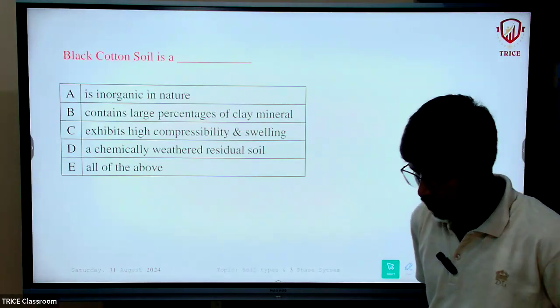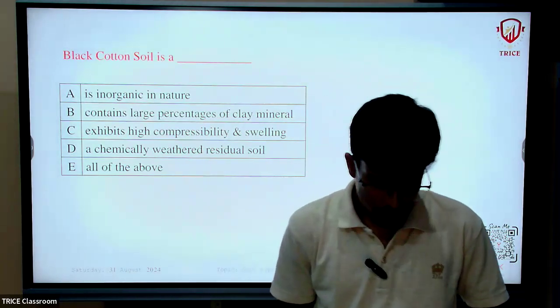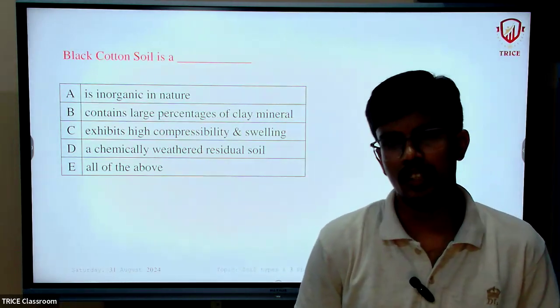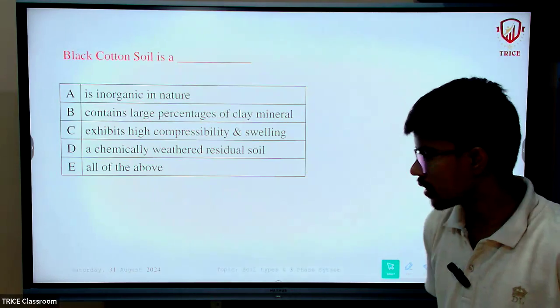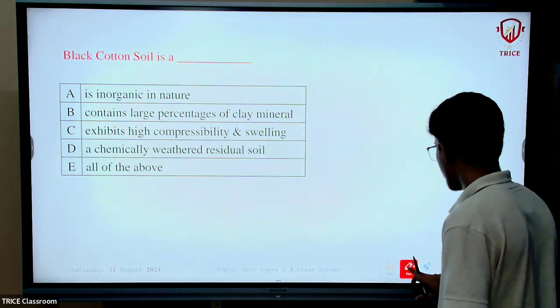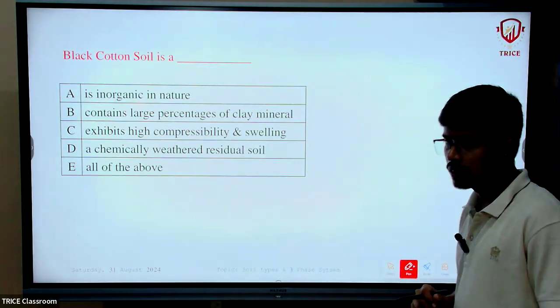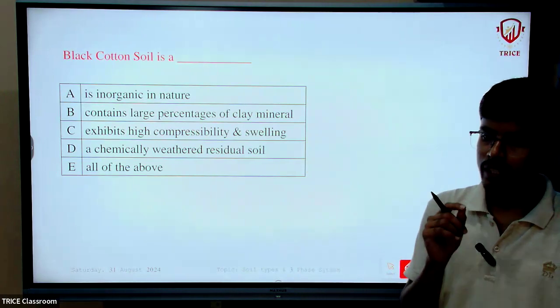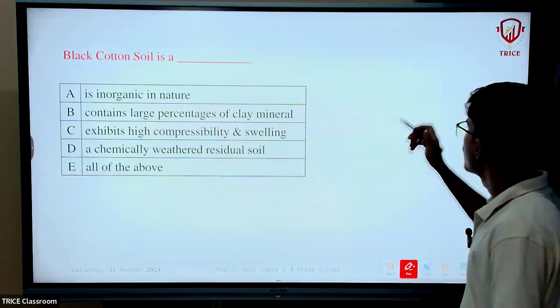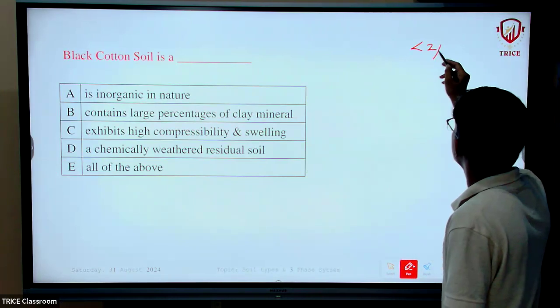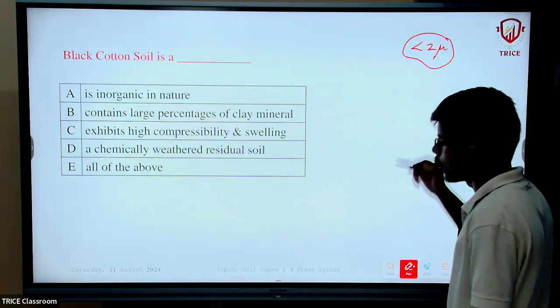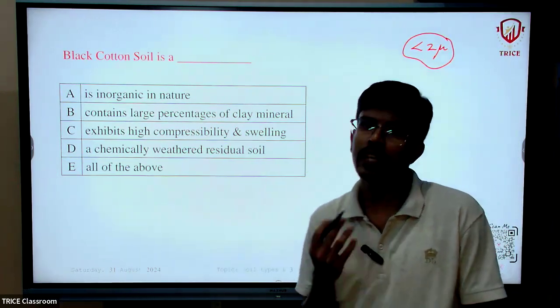Okay, now you can observe the black cotton soil, right? Black cotton soil is an example of clay. So what is the size of the clay? From 75 micron to 2 micron we have the silty soil, then less than 2 micron will be your clay soils. Less than 2 micron size of particles, we call clay soils.